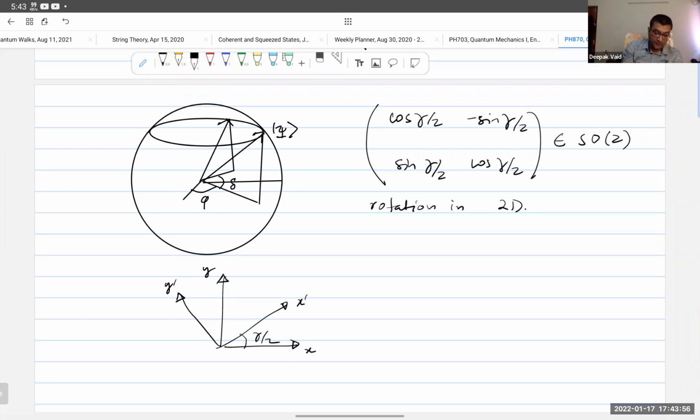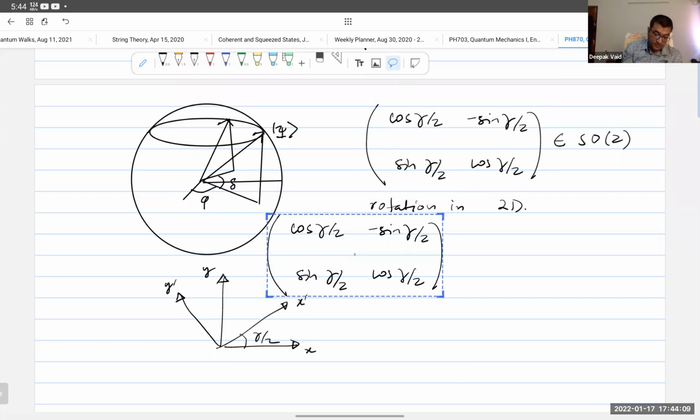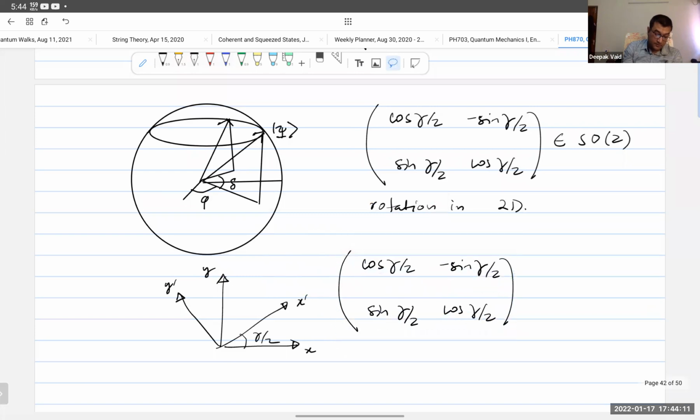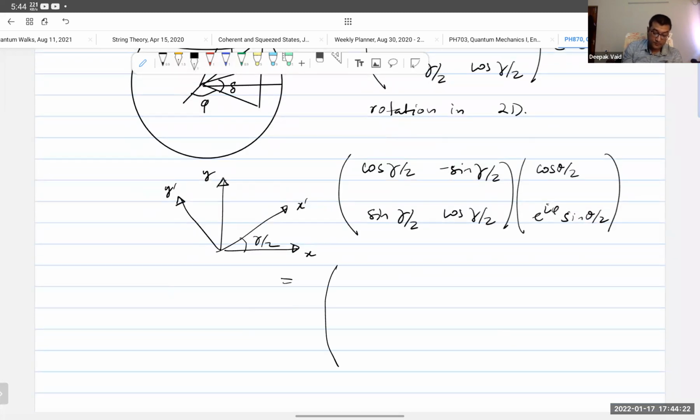If we take this matrix and multiply it by our state, cosine theta by 2 e to the i phi, sine theta by 2, you can work it out.